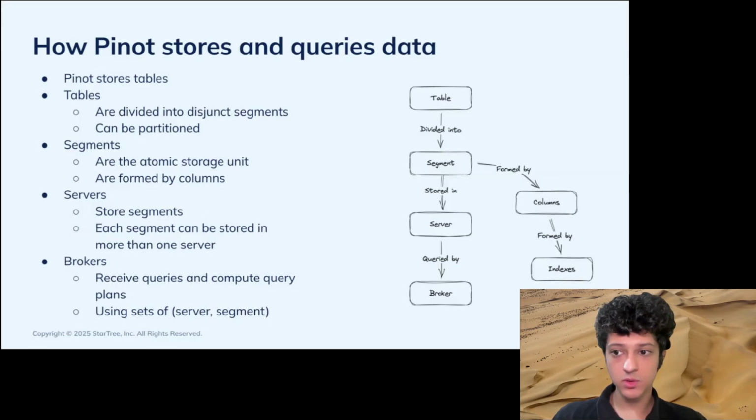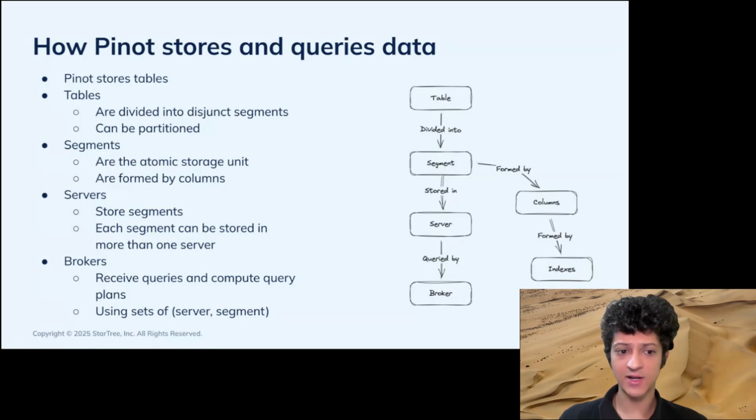Talking about the compute part of the equation, Pinot has controllers, brokers, and servers, which are all distinct kinds of nodes in the cluster. Controllers are the brain of the cluster, managing metadata and cluster coordination, but they aren't very involved in the query execution part in the query engine itself, so we won't be talking too much about the controller. Servers are the ones that are actually storing segments on disk locally and also doing the bulk of the query processing work.